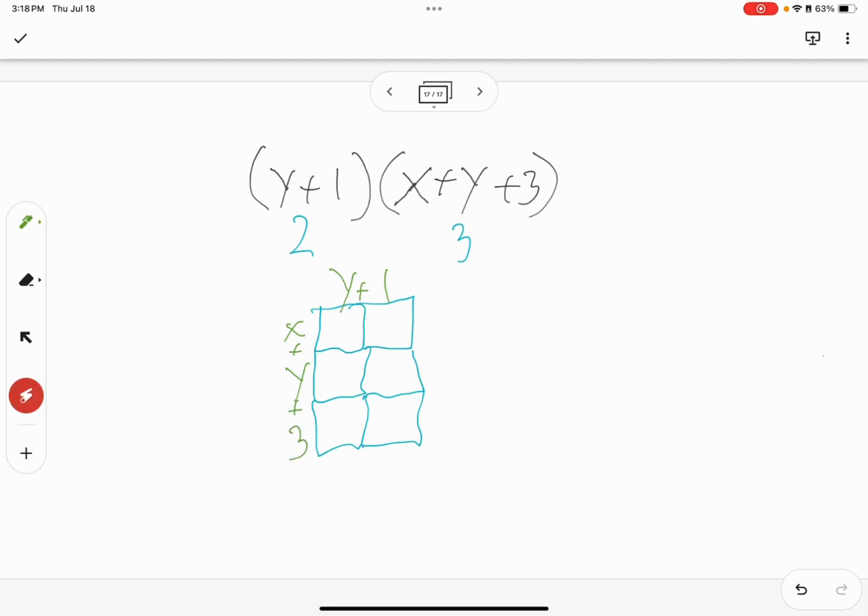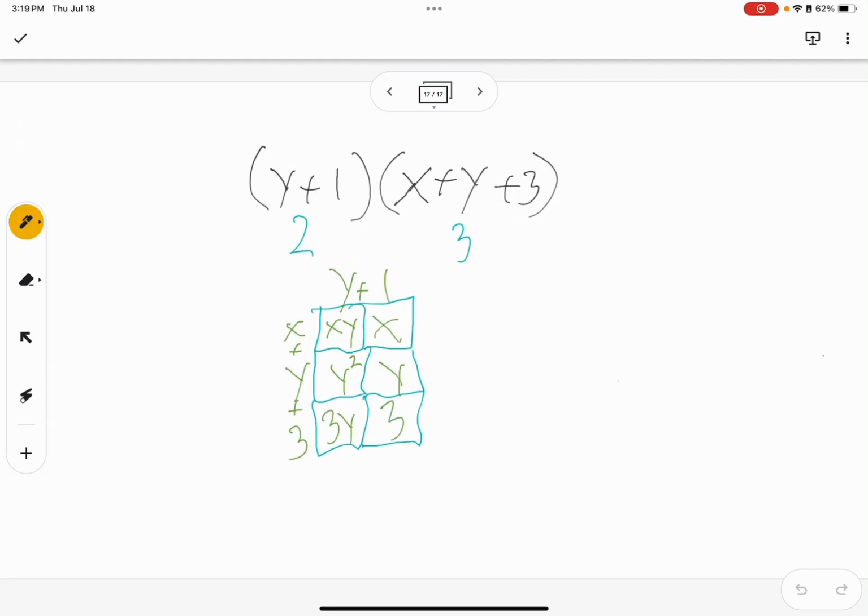Now let's do it. X times y is xy. X times 1 is x. Y times y is y squared. Y times 1 is just y. 3 times y is 3y. And 3 times 1 is 3.